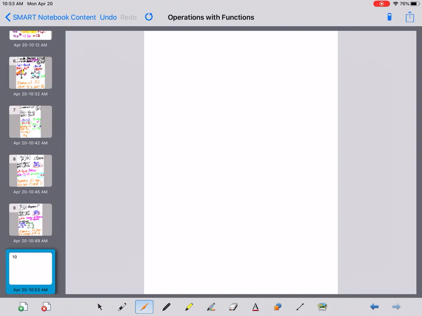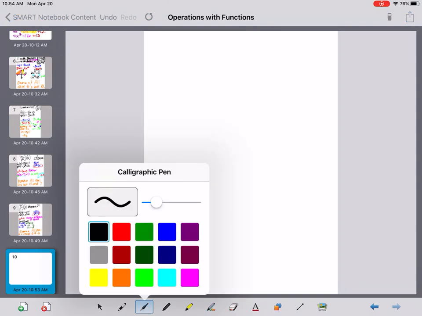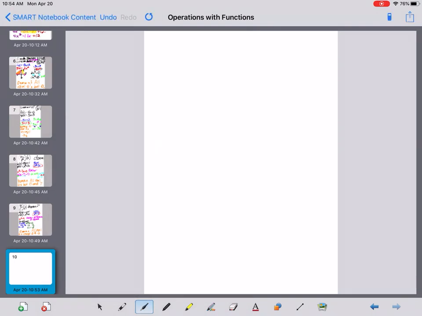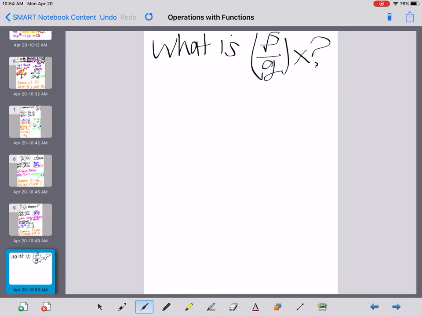Okay, so later on, it spices it up just a little bit, okay? And it's going to ask us to actually divide it. But that's actually the easy part. So, it may ask us, what is f divided by g of x?